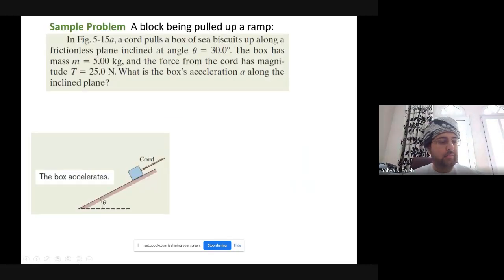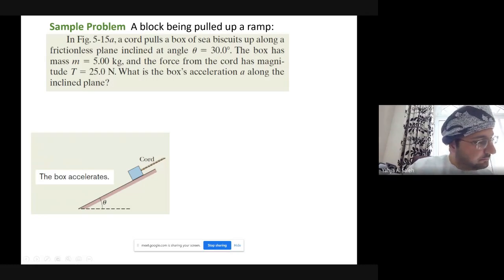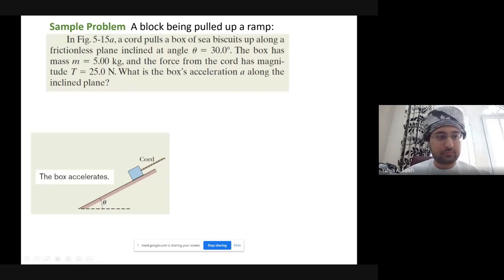Let's look at an example problem and see how we can use all of these together. A cord, which is another word for rope, pulls a box of biscuits up along a frictionless plane.